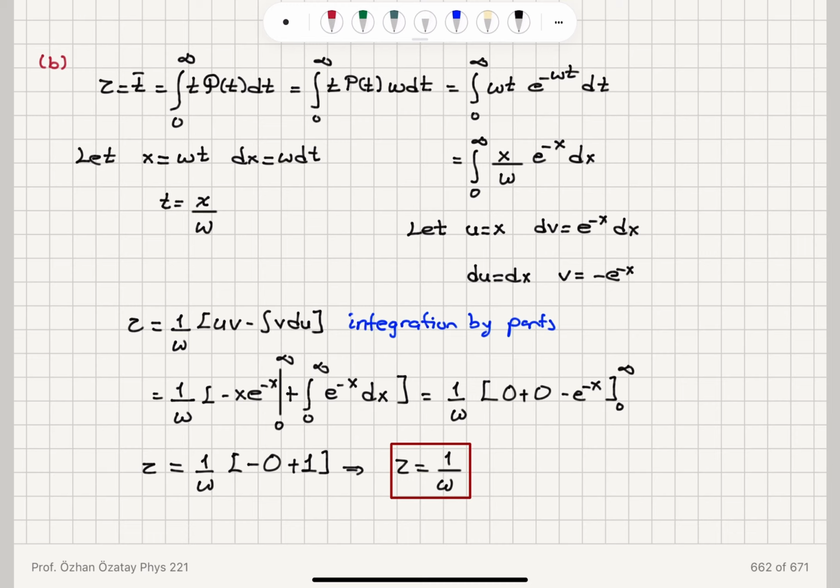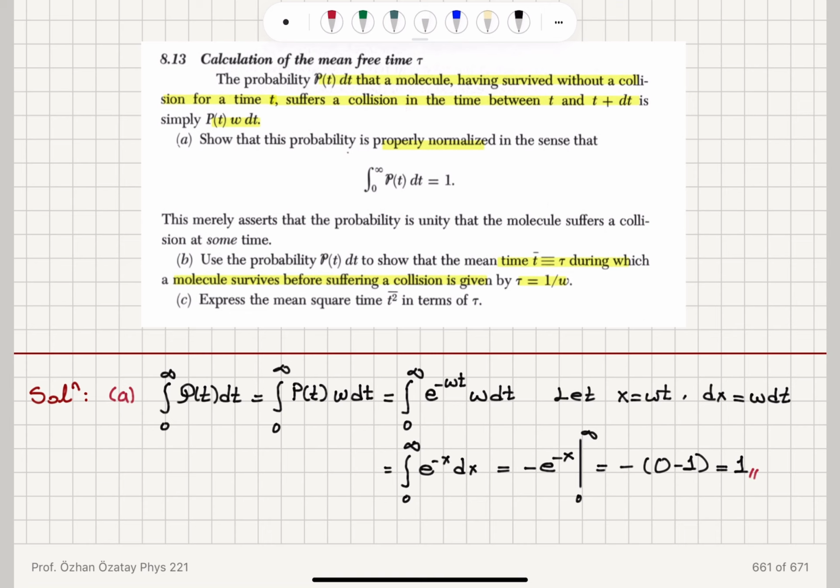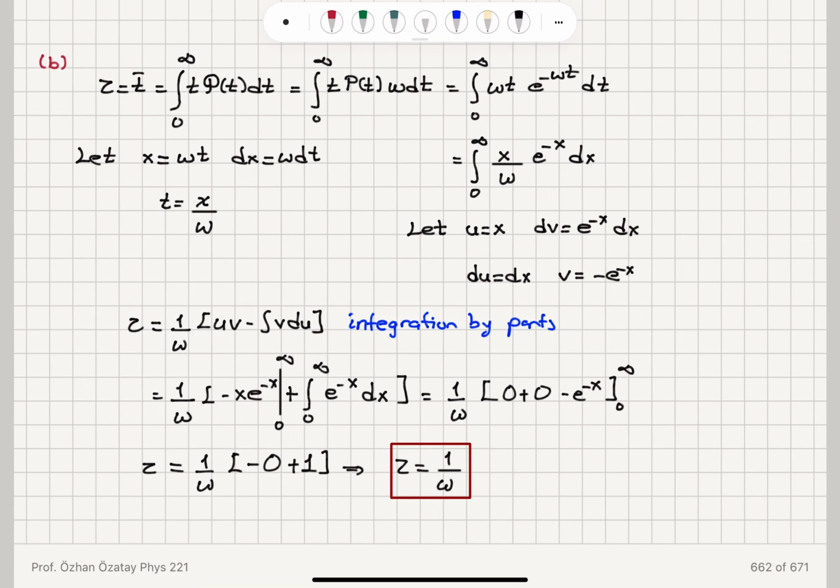Okay, so that is the integral 0 to infinity t e to the minus omega t omega dt. Here I substitute p of t omega dt and multiply by t, integrated over all possible time values. Here I use integration by parts, u is x, du is equal to dx, dv is e to the minus x dx, v is minus e to the minus x.